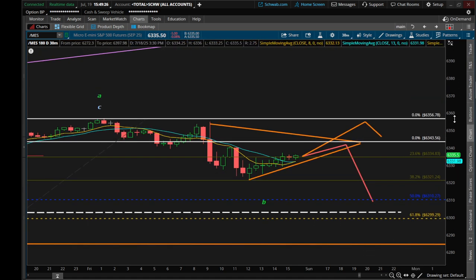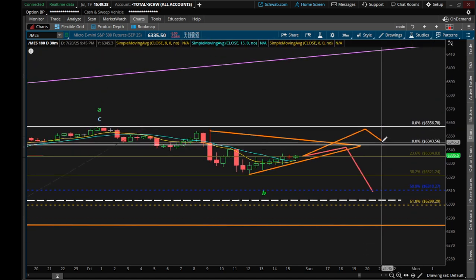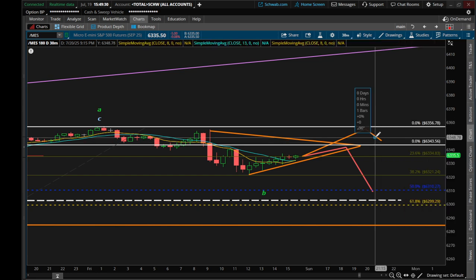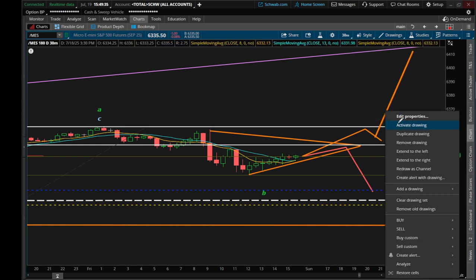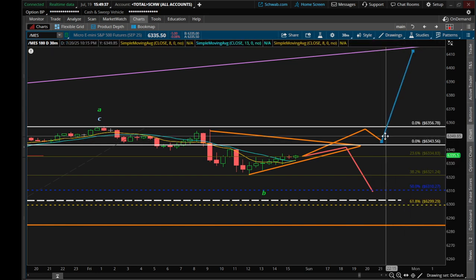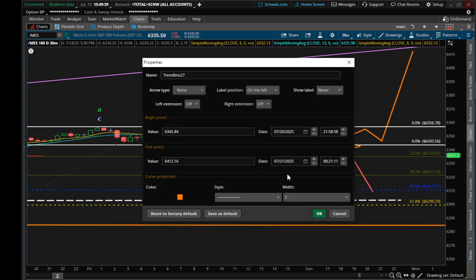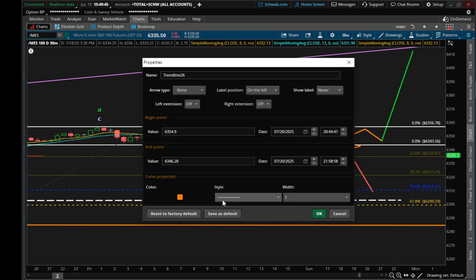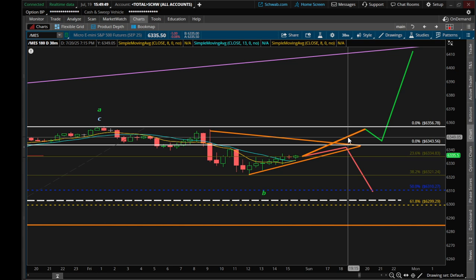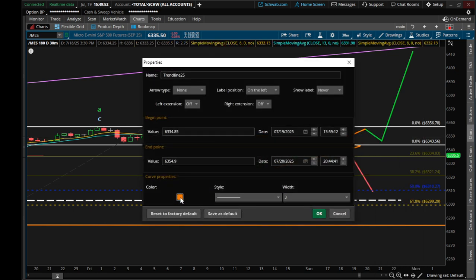And then we're going to the pitchfork. Label that in green. All right.